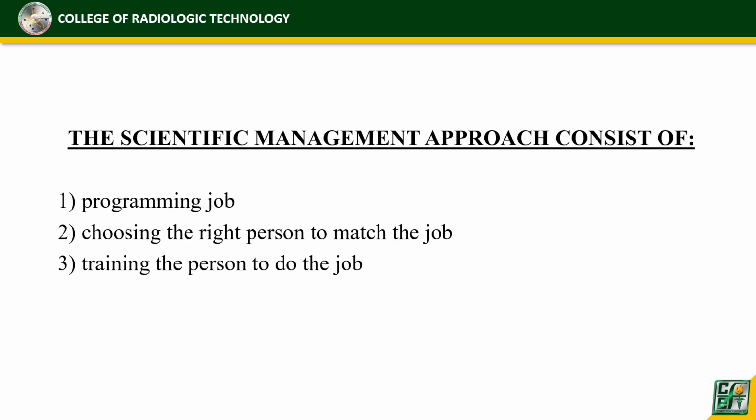At itong position na to, ito ang gagawin. Ito ang trabaho ng taong mapapalagay dyan sa position na to. Let's say, sa RadTech. So, gusto ko mag-create ng QA/QC officer. At ito ang mga trabaho ng QA/QC officer.